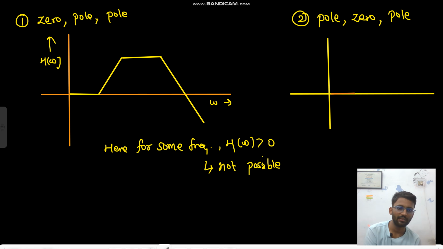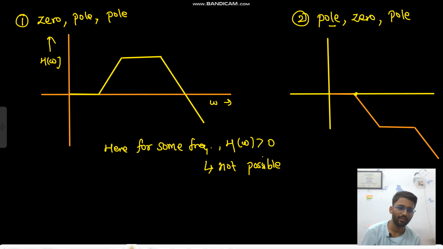Now take pole, zero, pole. So first 0 dB, then you have a pole, then you have a zero, then again you have a pole. First you had a pole, right? Minus 20. Then you had a zero, 0 dB.